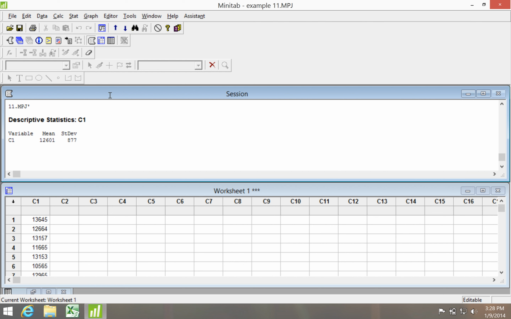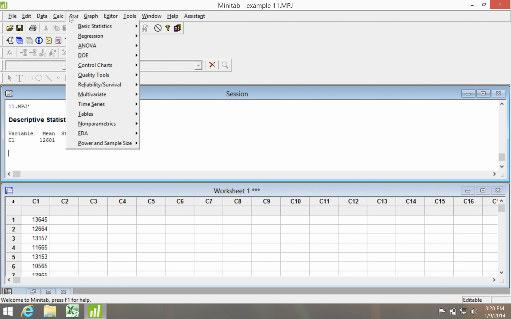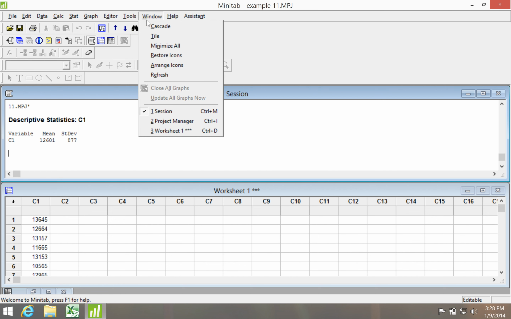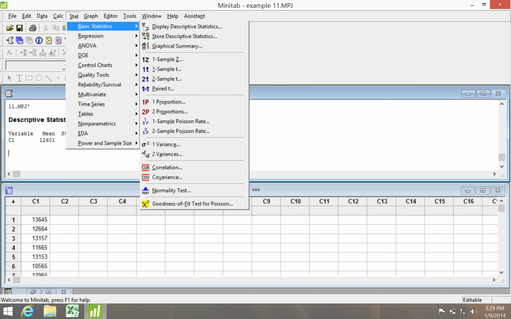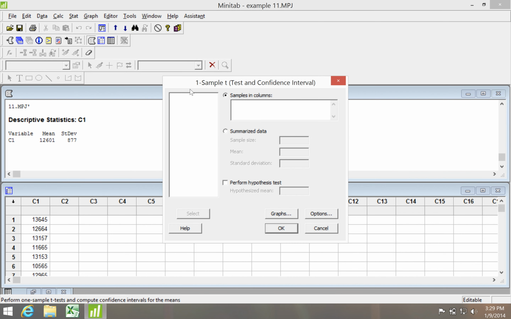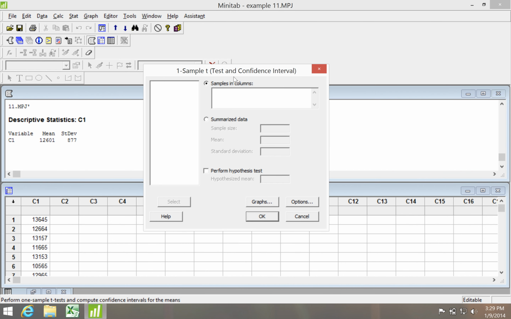To actually complete the test, we go to Stat, Basic Statistics, 1-Sample t. All my data is in a column, so I check off Samples in columns. The column I put my information in was column 1. I want to perform a hypothesis test where the hypothesized mean was $13,015.